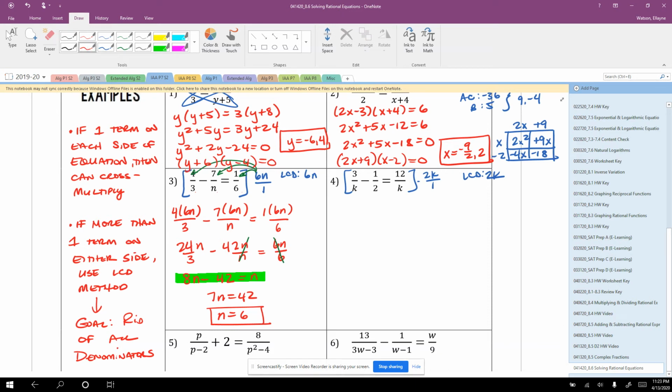Okay, so this looks like this. 3 times 2k over k minus 1 times 2k over 2 equals 12 times 2k over k. And hopefully you get to the point where you don't have to do that step I just did. You'll do that kind of in your head, and you'll just go to this step, which is multiplying it out right away.